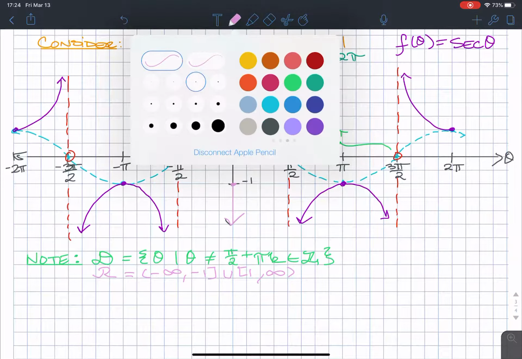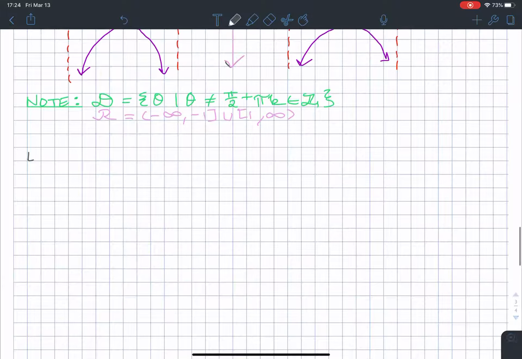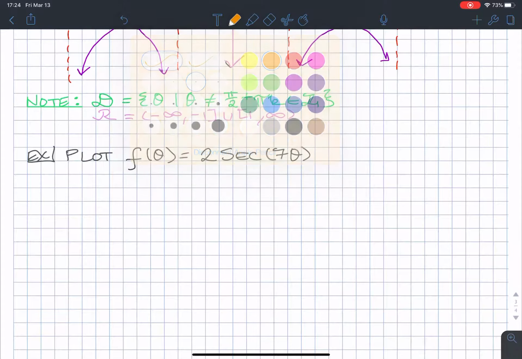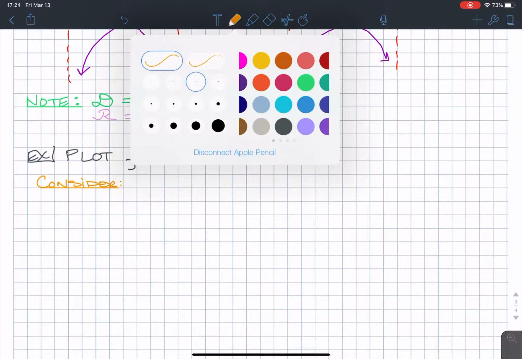Okay, so let's do 2 more examples. So for example, let's plot f of theta is equal to 2 secant of, let's do 7 theta. I haven't used 7 before. Okay, so let's consider the graph of the reciprocal function.